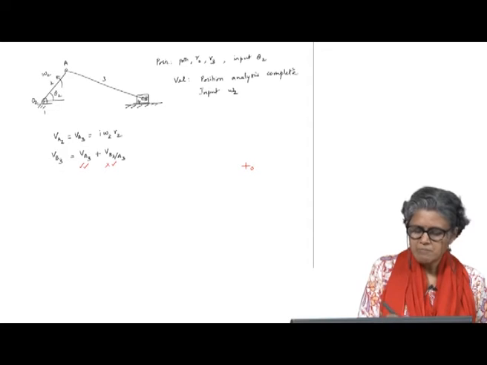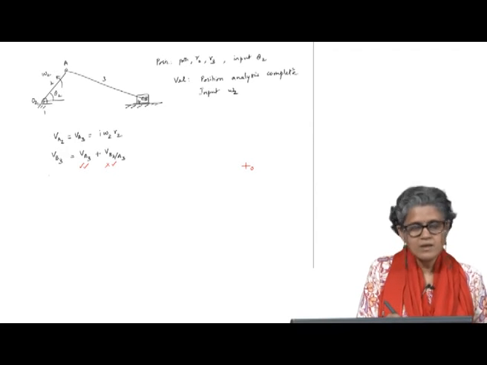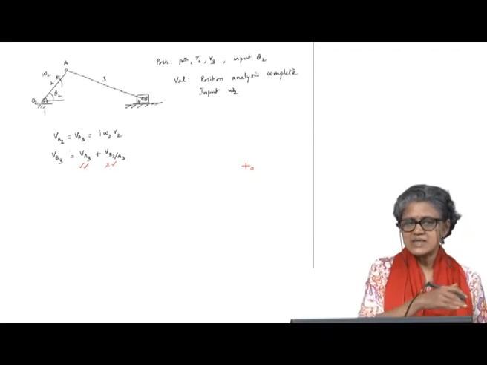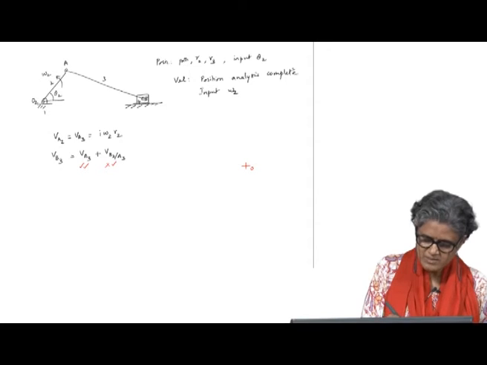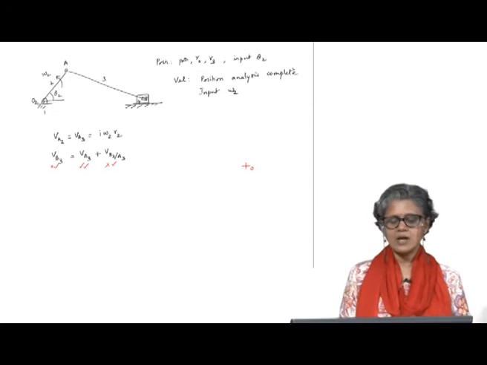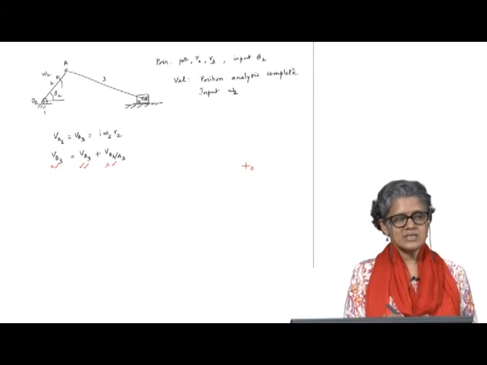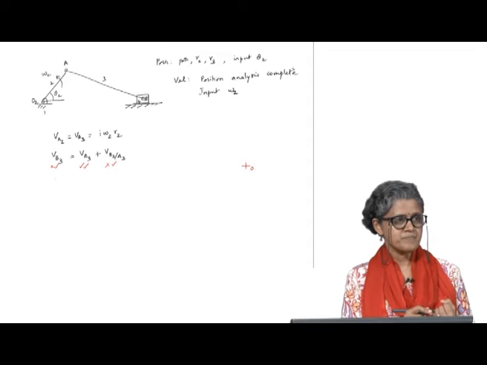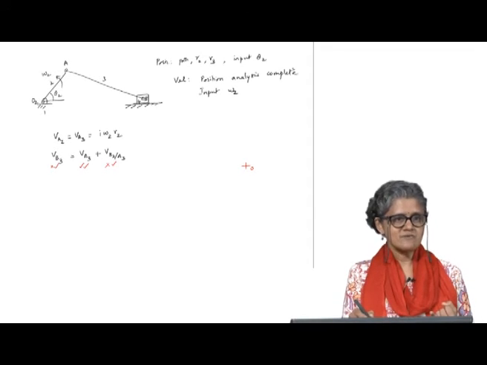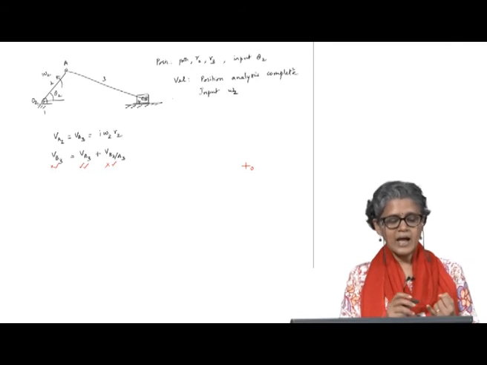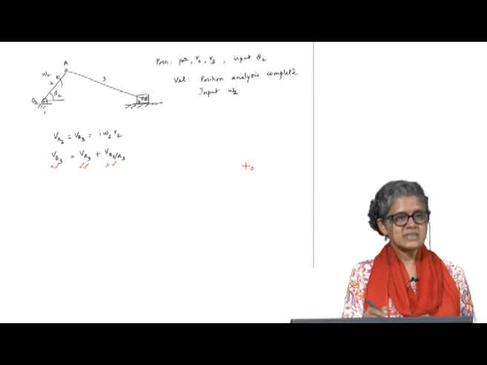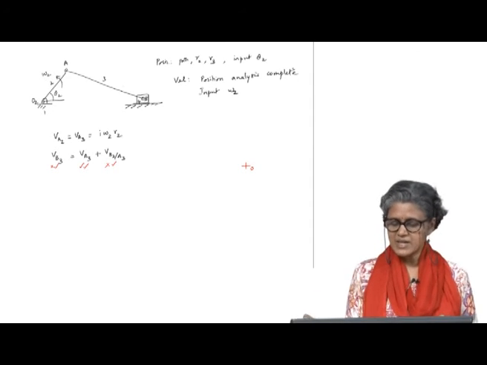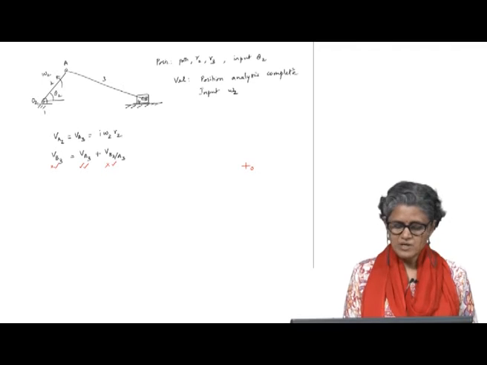And for B on body 3, I know the direction because it is restricted to move in that direction, but I do not know the magnitude. So, these are the unknowns. The unknowns that I will solve for are the magnitude of the slider velocity, because here it is not angular velocity, it is moving linearly, and the omega 3 for this connecting rod. These are the two things that I will solve for.